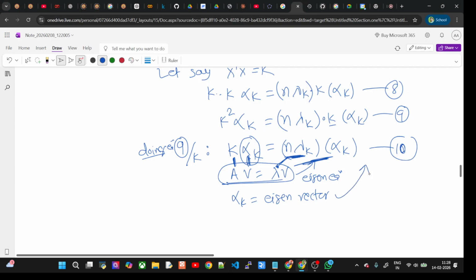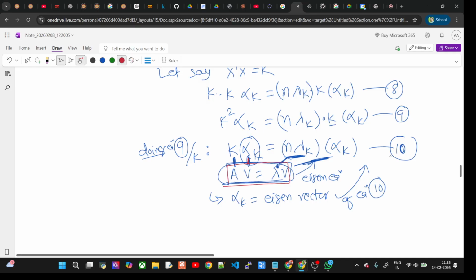Eigenvector of equation number 10. If you see this eigenequation and this equation number 10 look similar. That's why we thought that if they look similar, alpha k is something like an eigenvector. Yes, eigenvector of equation number 10. Does it mean I can take any alpha k?